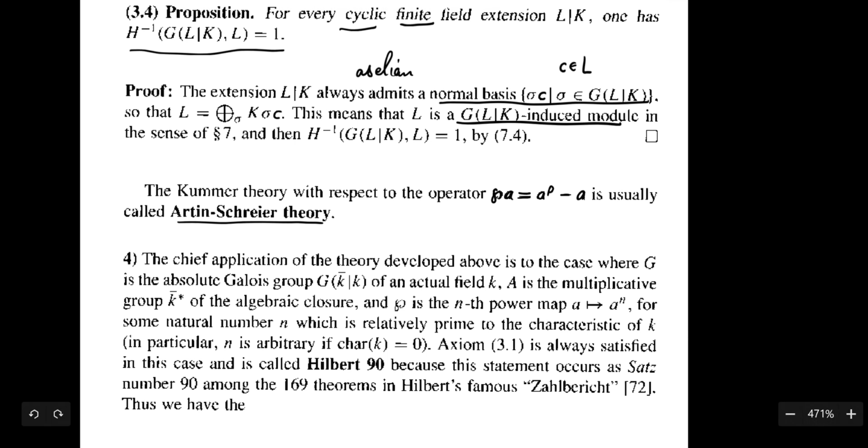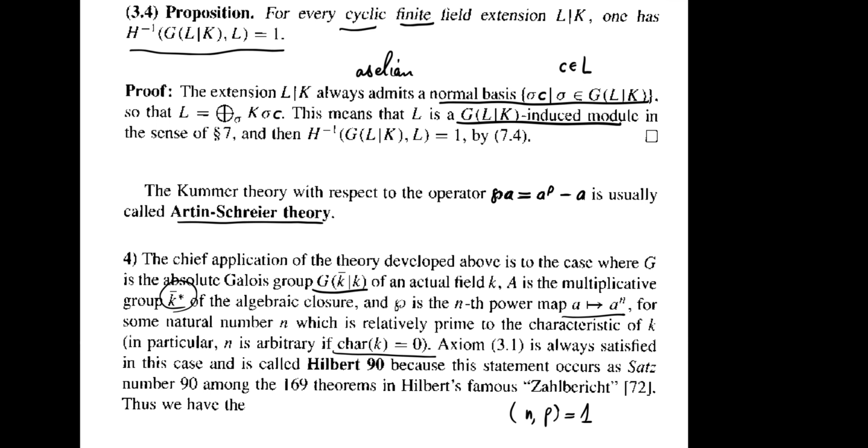The main application of the theory developed above is to the case where G is the absolute Galois group of a field, A the multiplicative group of the algebraic closure, and P the nth root map for some natural number n which is relatively prime to the characteristic of K. In particular, n is arbitrary if the characteristic is 0.